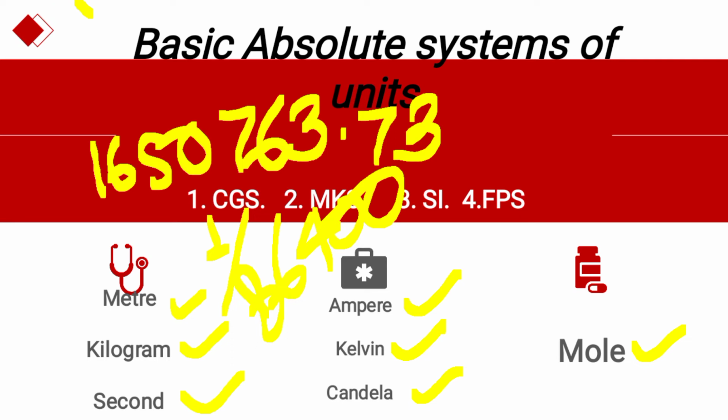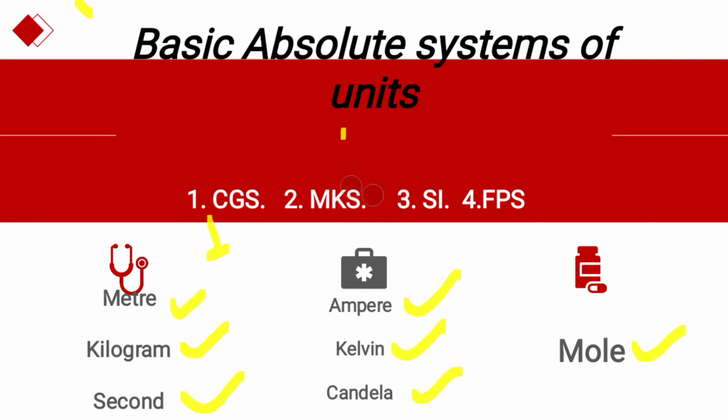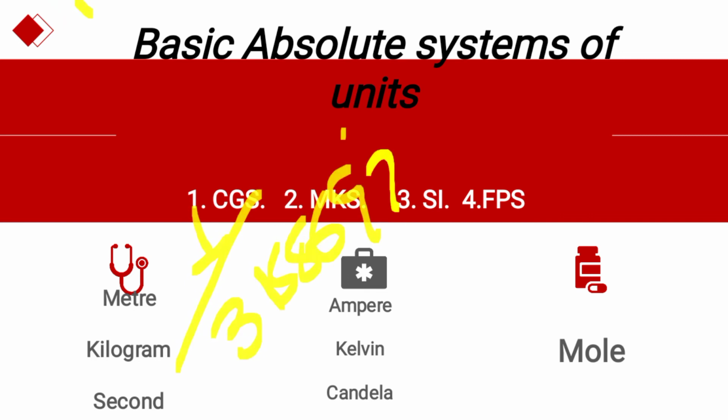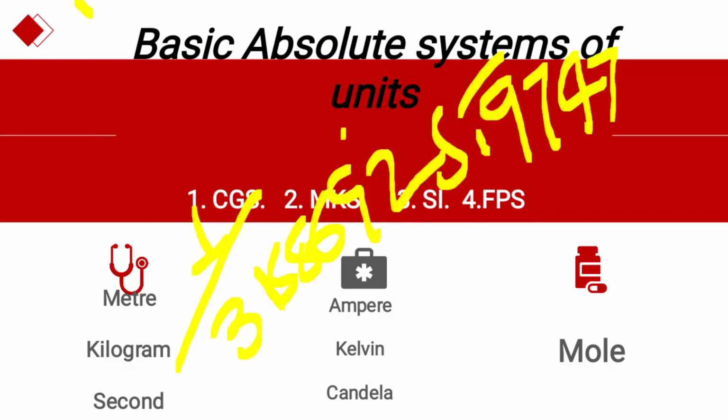hence a second has been defined as 1 by 3,155,692.97 part of the solar year 1900 AD.